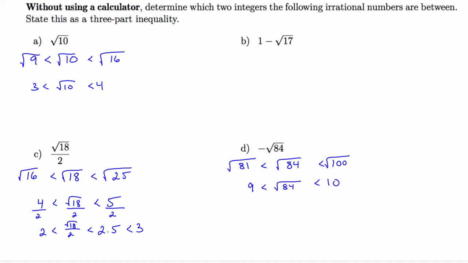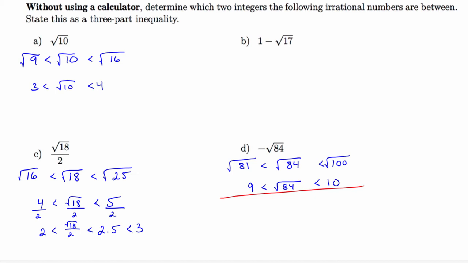That being said, we were not asked to work with root 84, but rather the opposite of root 84. So using what we know about inequalities from previous courses, something that hasn't truly come up yet in this course, I want to actually change the sign on all of those numbers. I want to change this to a negative 9, a negative root 84, and a negative 10.